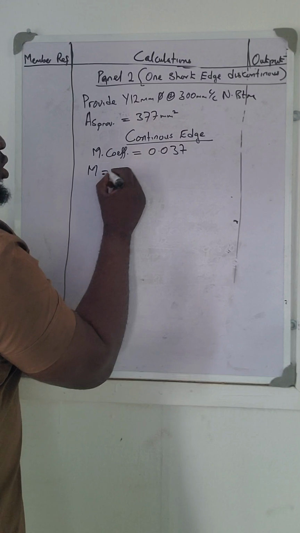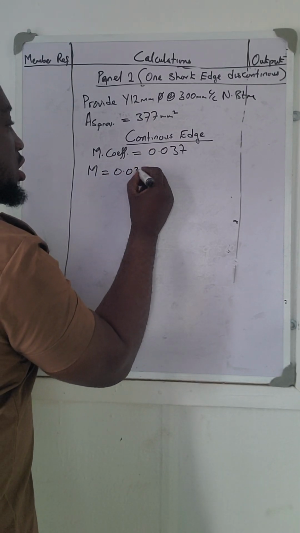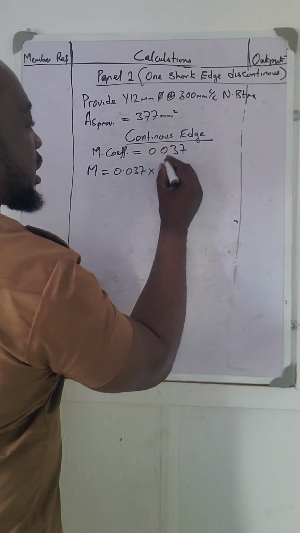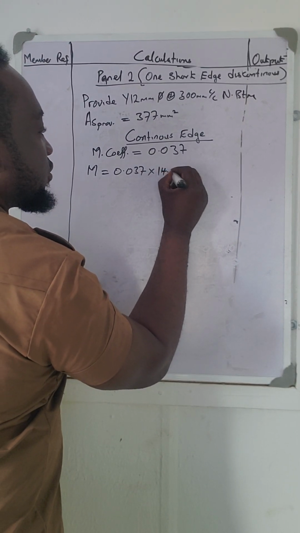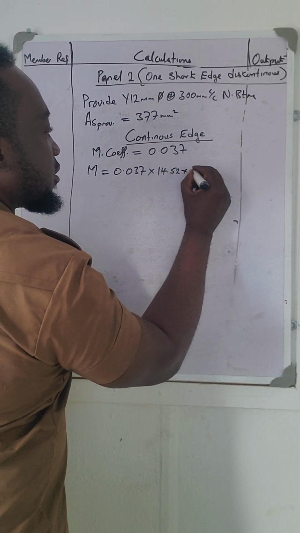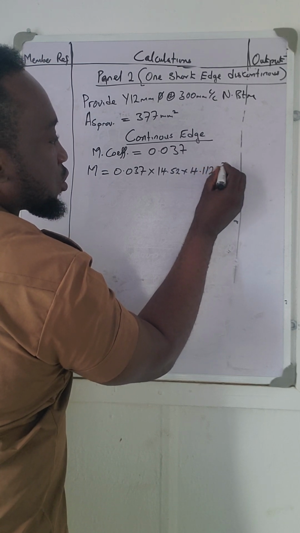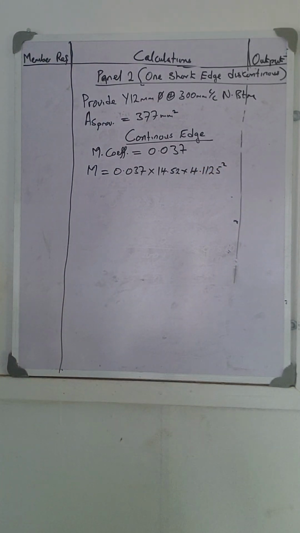Moment M is equal to 0.037 multiplied by our UDL 14.52 multiplied by short span 4.1125 square.